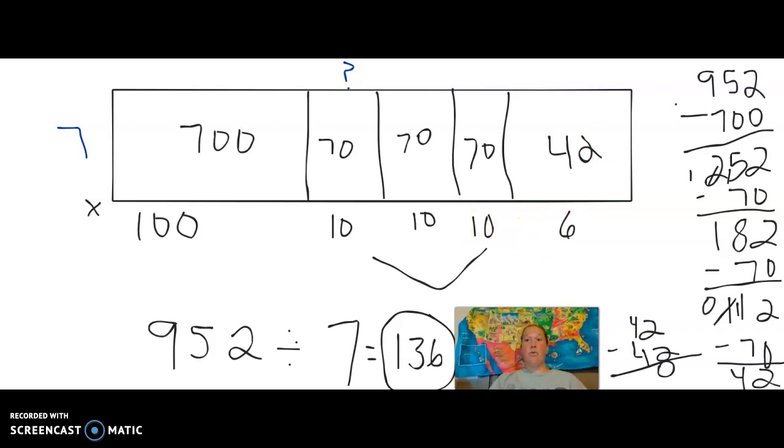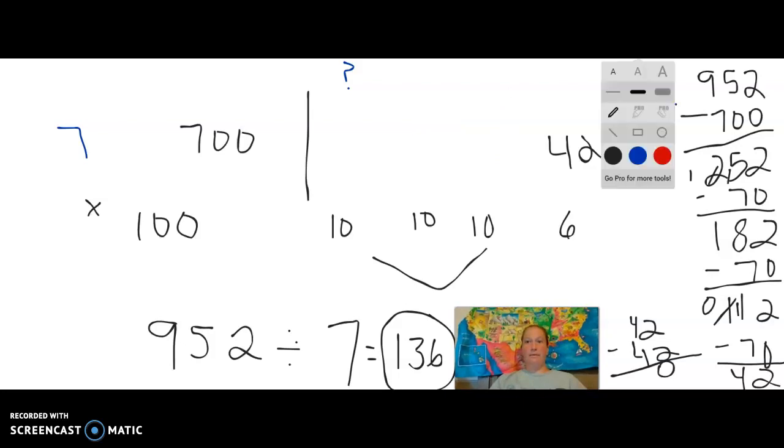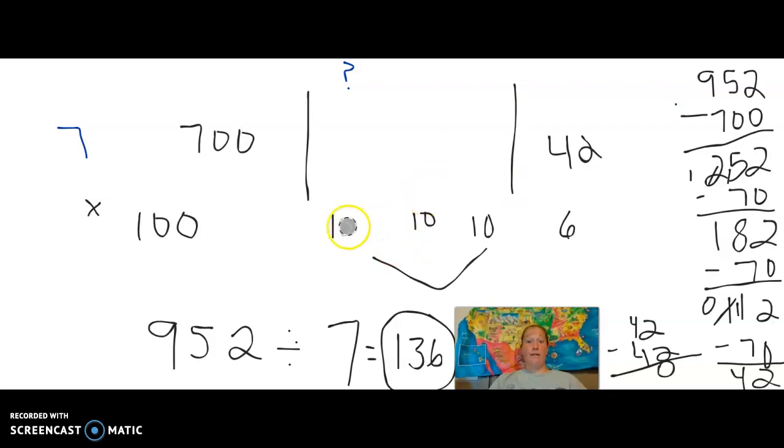So I'm going to show you what we could have put here. And remember, this is not to scale, and that's okay. My box went away. That's okay though, because we're just going to draw the pieces. So instead, we could have said 10, 20, 30.